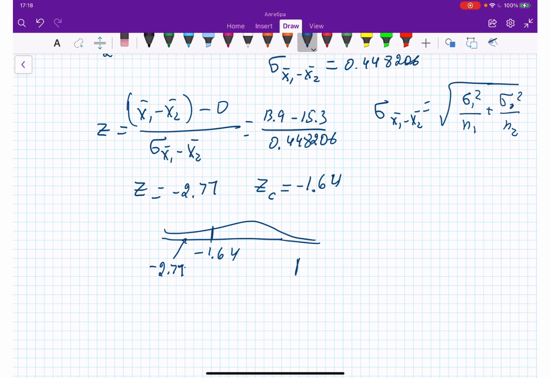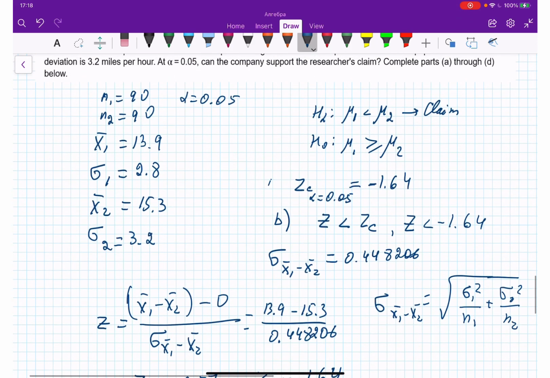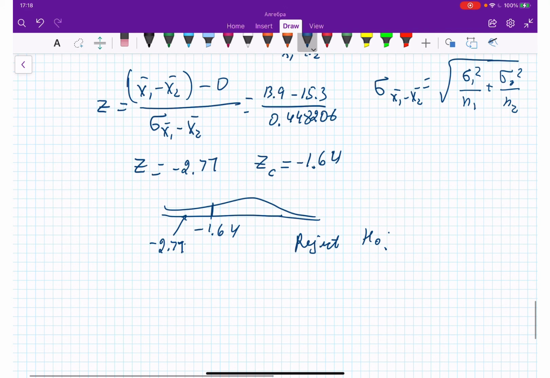We reject the null hypothesis, and for the interpretation, there is enough evidence to support the alternative, because our claim is the alternative.